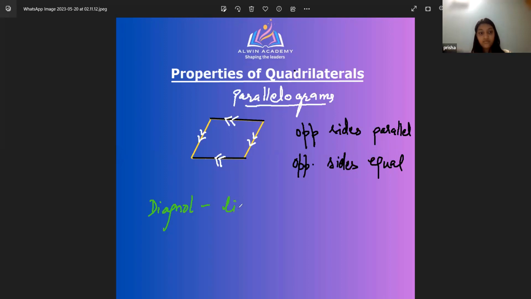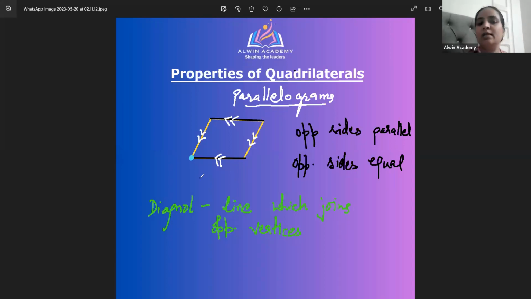Diagonal is a line which joins opposite vertices. So when I talk about this vertex here, what is the vertex opposite to this? Is this the vertex opposite to this, Sridhar? Ma'am, no, ma'am. No, this one's opposite.